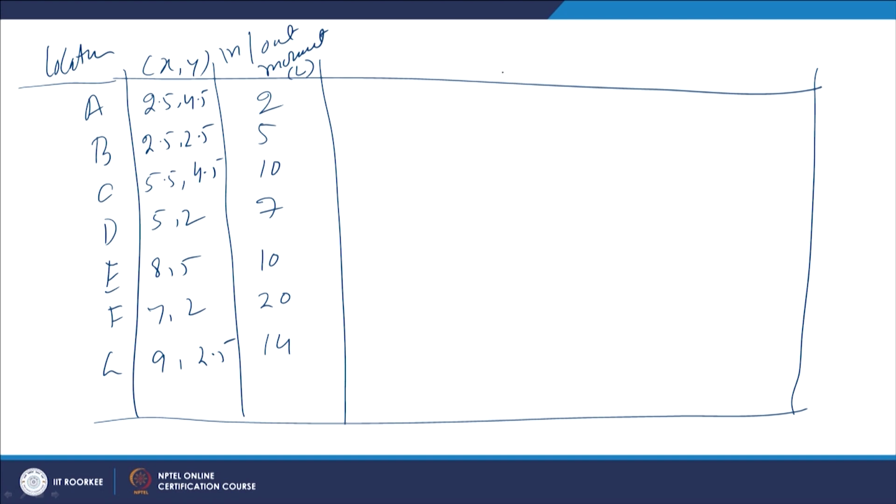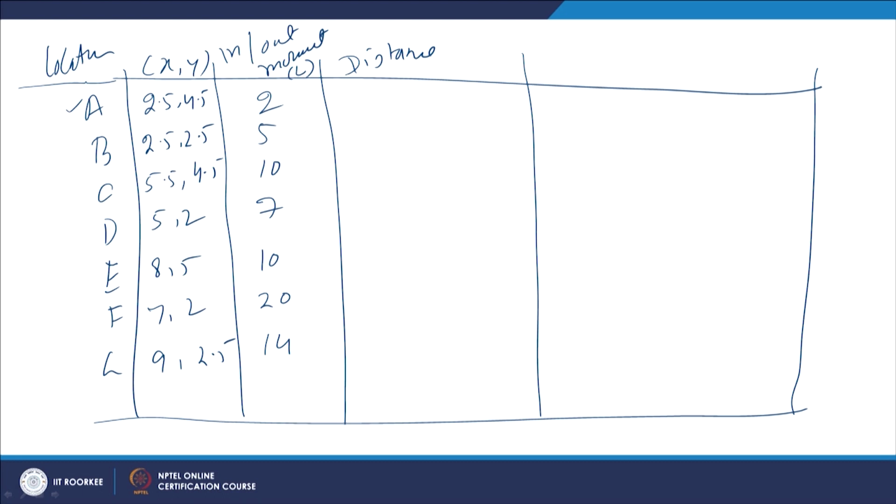Now, what we have to do is we have to determine the distance to be traveled from the location A to the possible location of the choice.